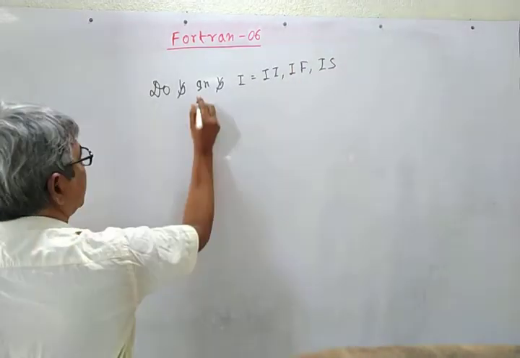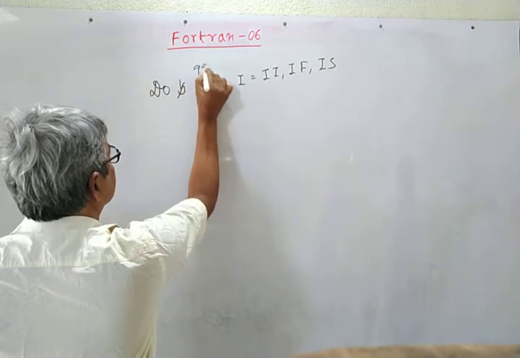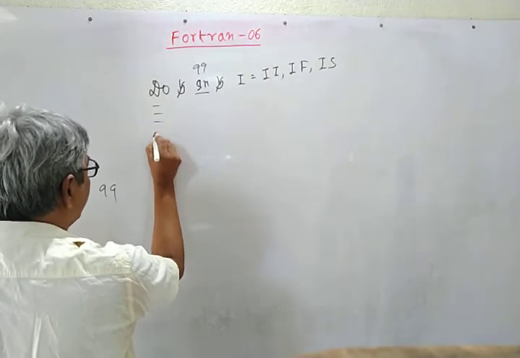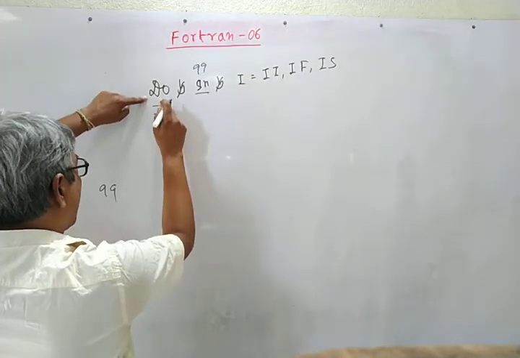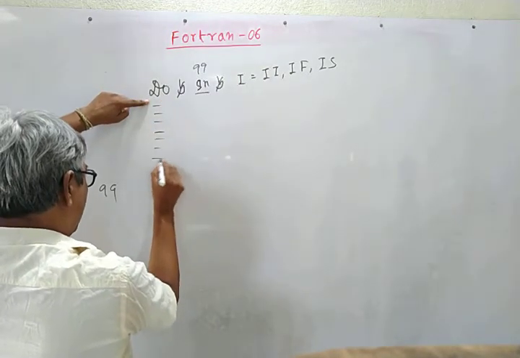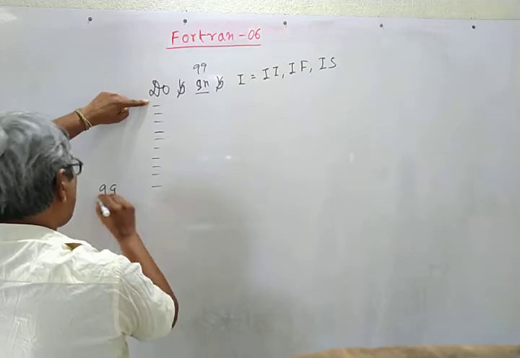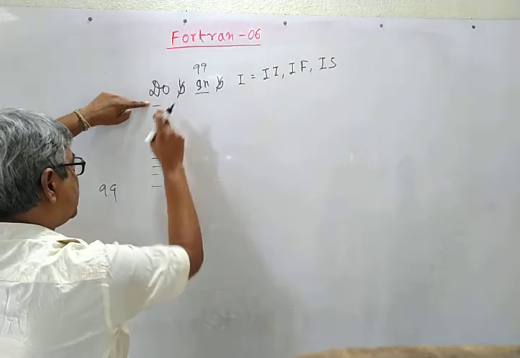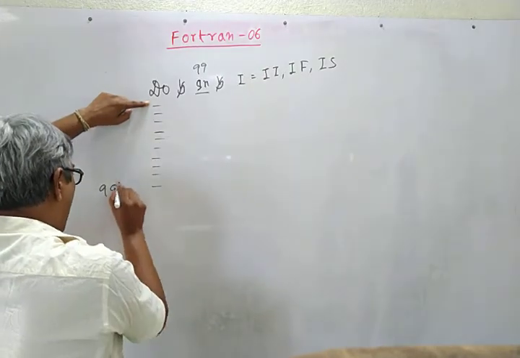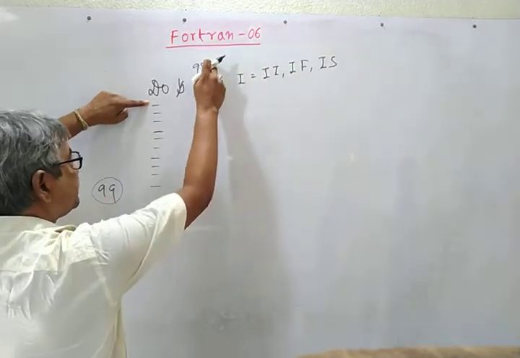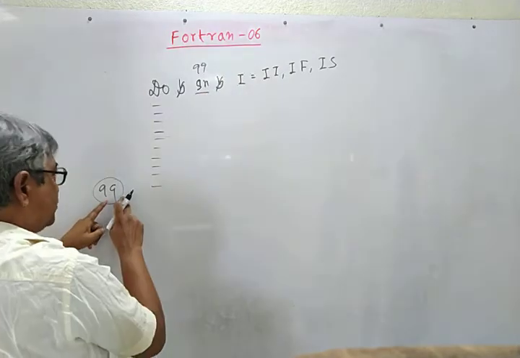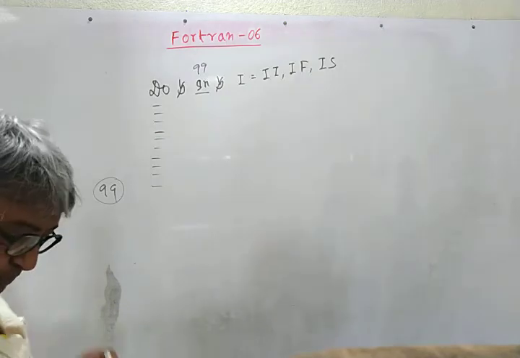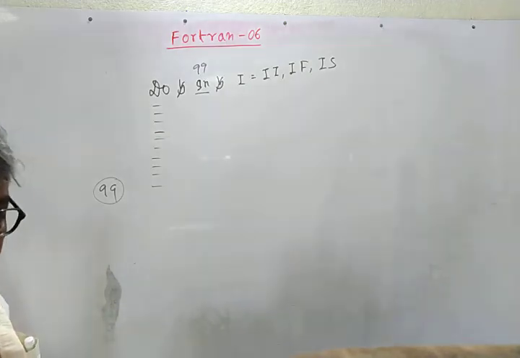If we use the statement number 99, then all the lines starting from just after the do loop up to number 99 will be repeated for all the values of the dummy variable. The repetition will continue up to the statement number given over here, inclusive of the line itself. This is the general structure of a do loop.